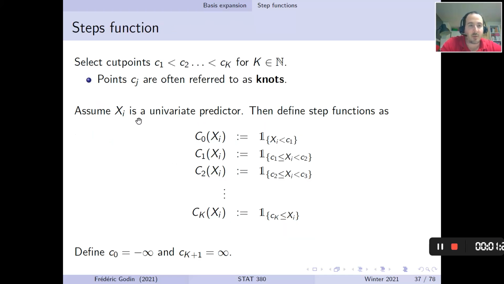So let's say we had initially a single predictor in our database, X, then we could define new predictors as C0, which is 1 if the predictor falls below some real number C1, capital C1 of X, which is again an indicator if the variable falls between a constant C1 and a constant C2, and etc.